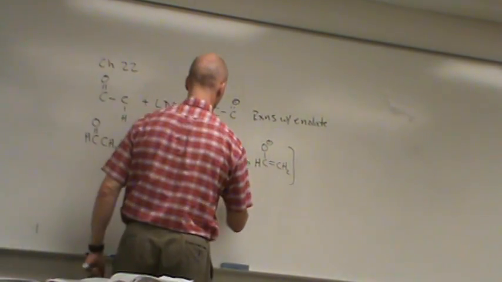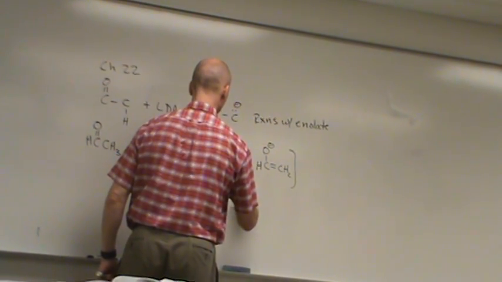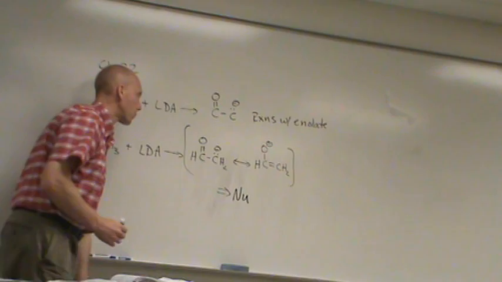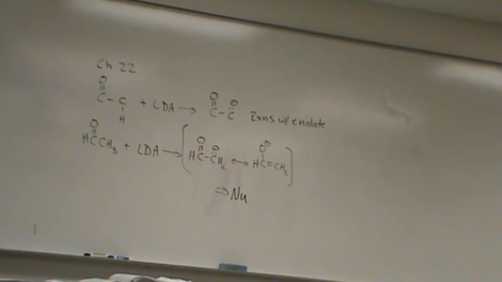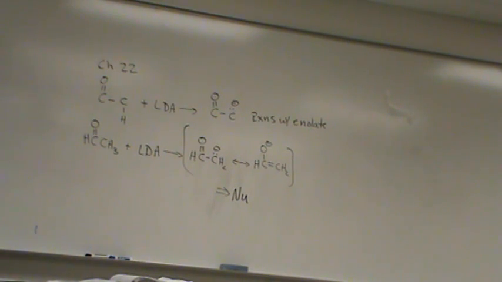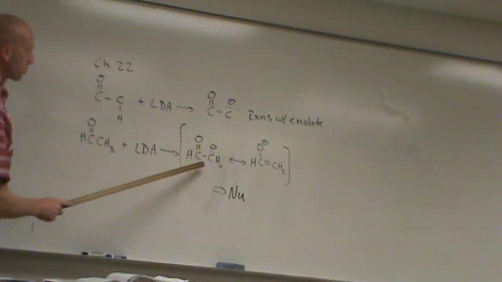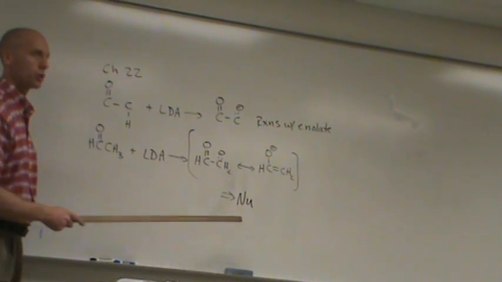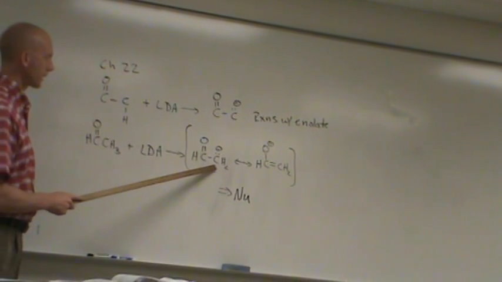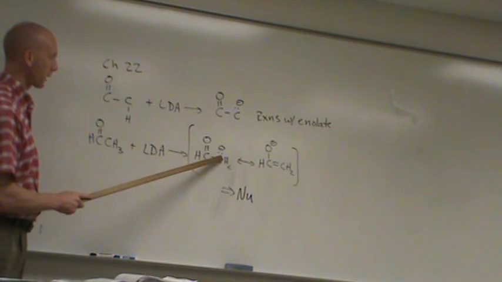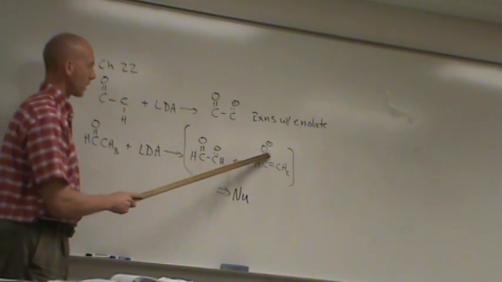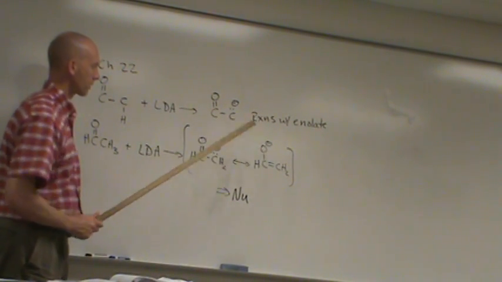This thing is going to react as a nucleophile. But if you look at the enolate ion, you have two places that it could act as a nucleophile. It could act here, carbon with this lone pair, or here, oxygen with its lone pair.